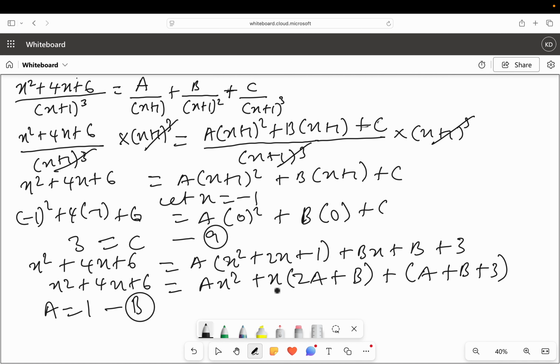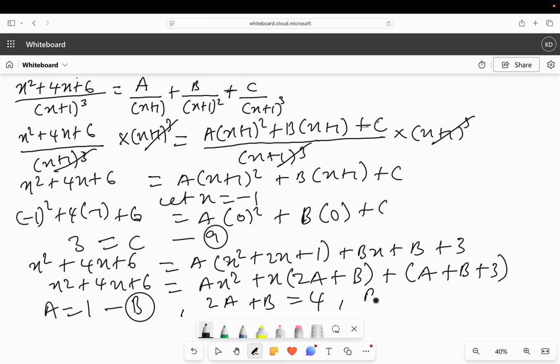So if I compare the coefficient of s, it means I will have 2a plus b is just equal to 4. So it means my b is just 4 minus 2a, but my a is 1. So it means I have 4 minus 2 into 1. So 4 minus 2, it means my b is equal to 2.